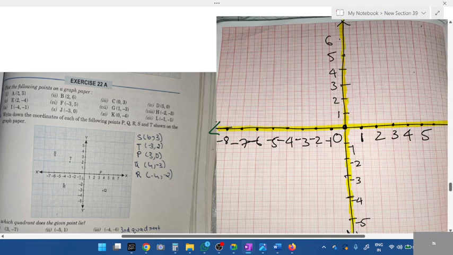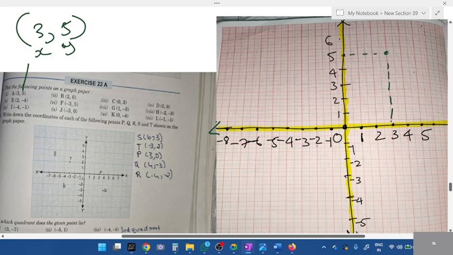Okay, look at the first point, 3 comma 5. Which quadrant does it lie in? Tell me the sign. Both are positive, so the first quadrant. Always start with x: 3 and 5. From 3, go all the way up to 5.